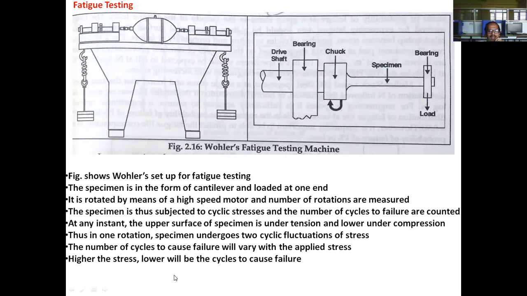The data available, the stress values and the number of cycles, is then plotted as stress versus log of the number of cycles. That is called the S-N curve.